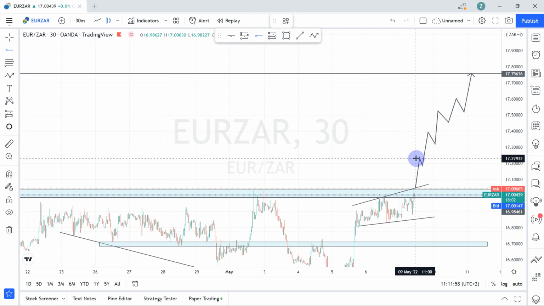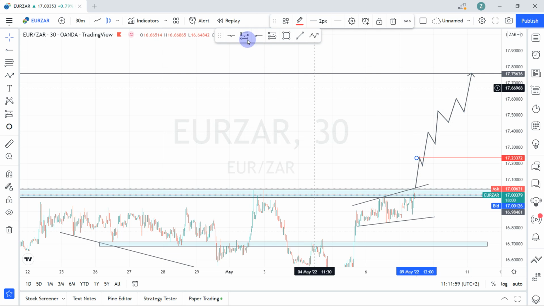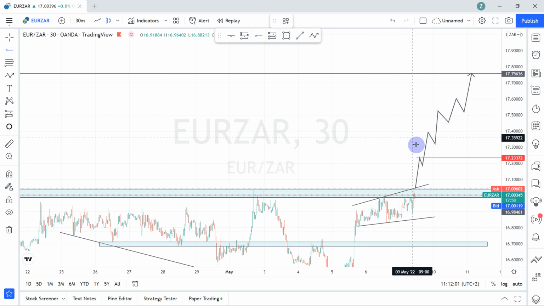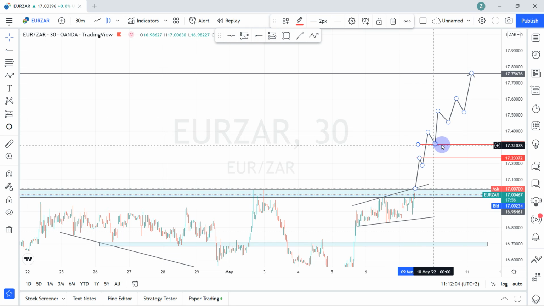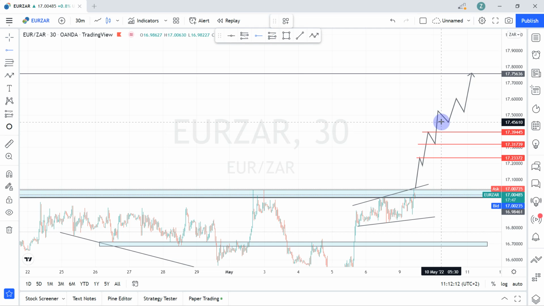if the market doesn't retest here, then as long as we are above this key level, we're looking for buys. As you can see, the market bought. And if the market doesn't retest here and chooses to retest here, that's where we're going to look for buys. And if the market doesn't retest there, it would retest here.